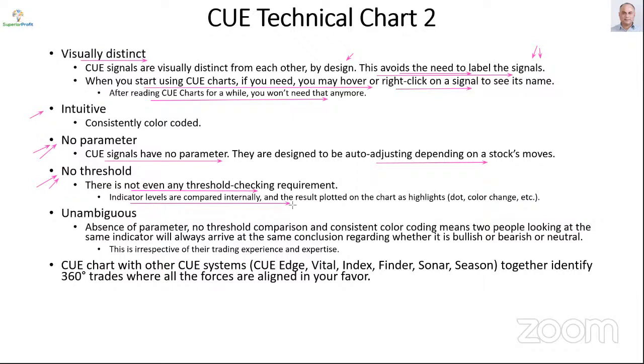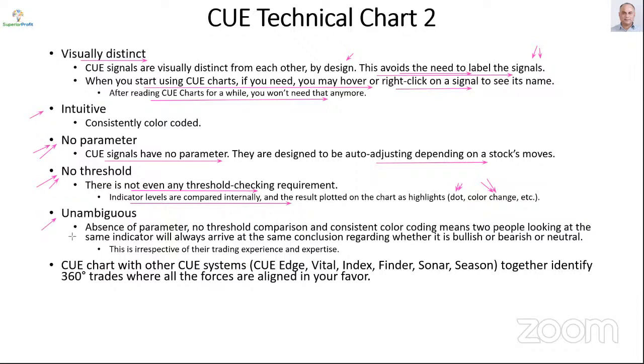So two people are not able to set different threshold criteria. Indicator levels are compared internally and the result is plotted on the chart as highlights. It may be plotted as a dot, as a change in color, etc. Whenever the threshold is hit, visually we come to know about that without the need to set any threshold.